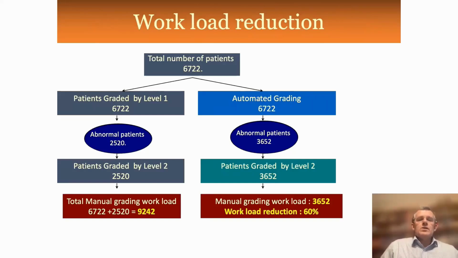So in a traditional setup, all patients would be graded by the level 1 grader, then a proportion of these would be regraded by the level 2 grader. However, the autograder cut out the manual grading workload by 60%, and this clearly was going to be of benefit if only we could get it implemented.